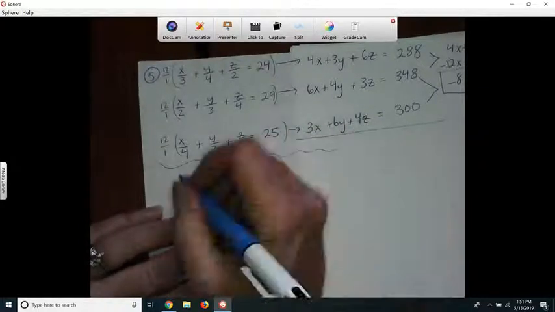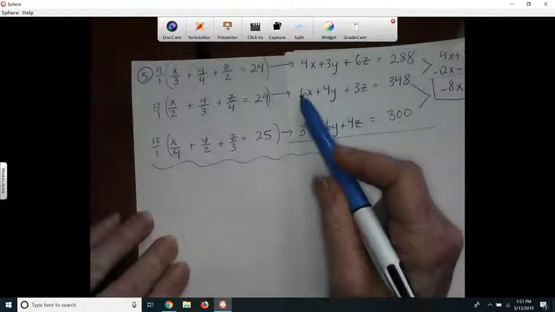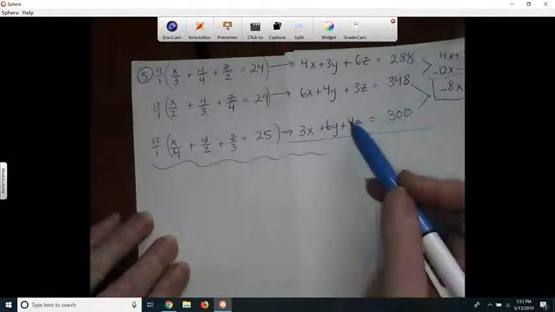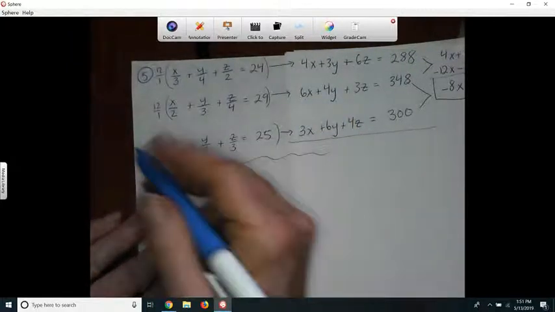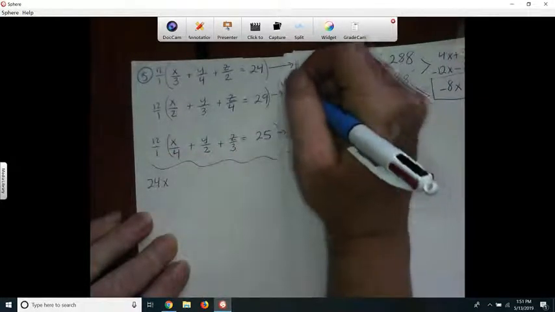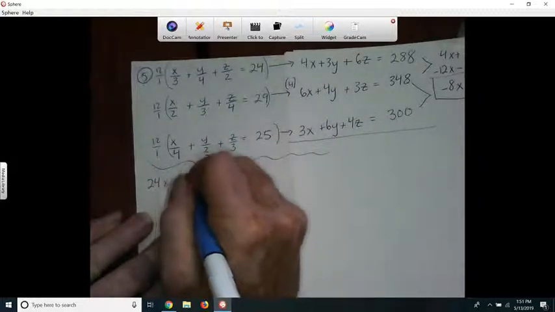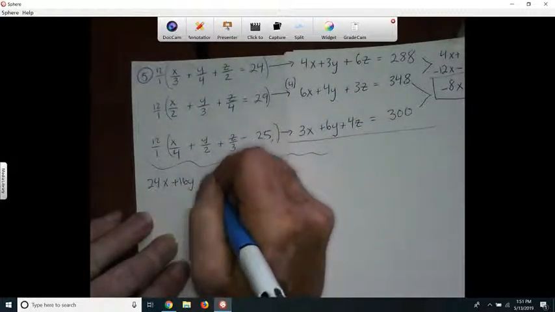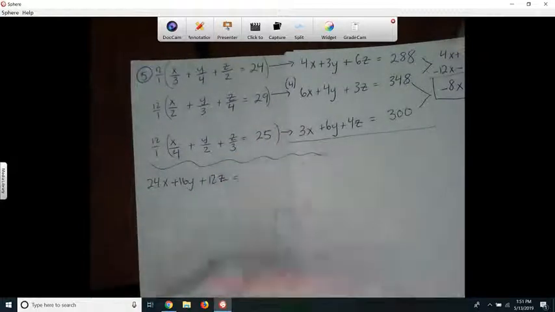Let's see, I'm going to multiply this top one by 4 and the bottom one by -3. So 6 times 4 is 24. Now I better put a 4 here so I remember. 4 times 4 is 16. 3 times 4 is 12. That's a z. And 348 times 4 is 1392.